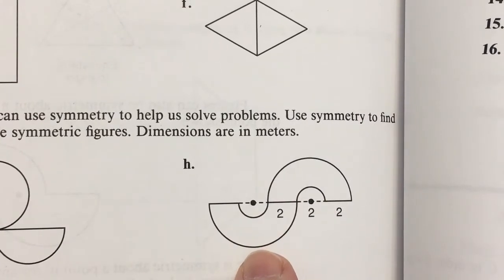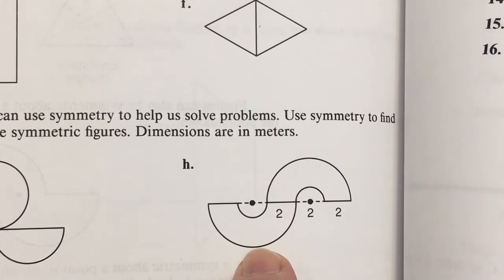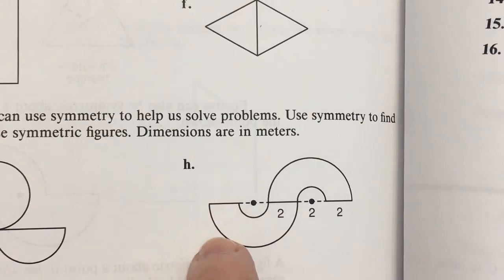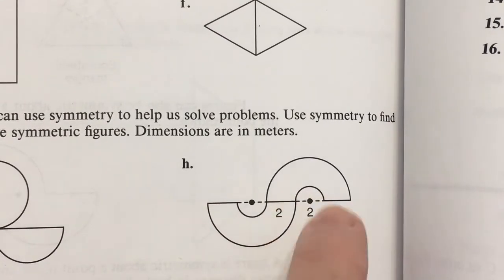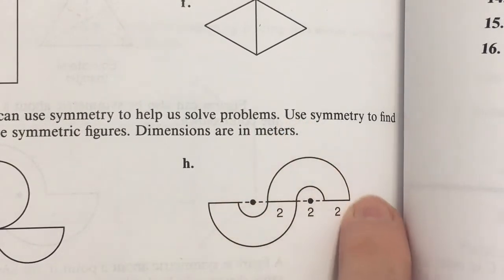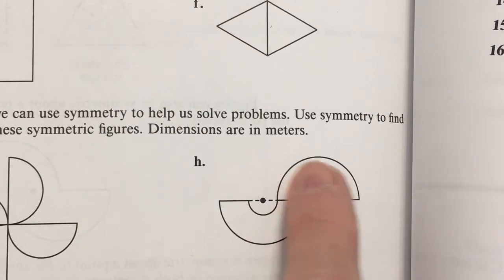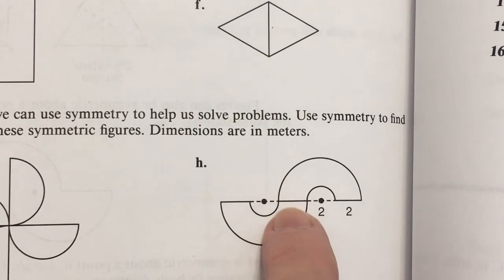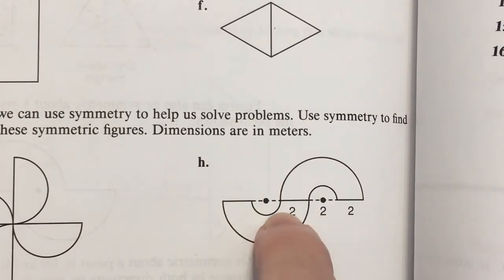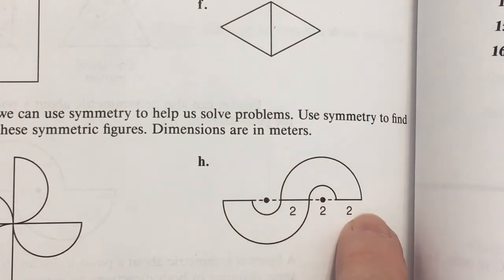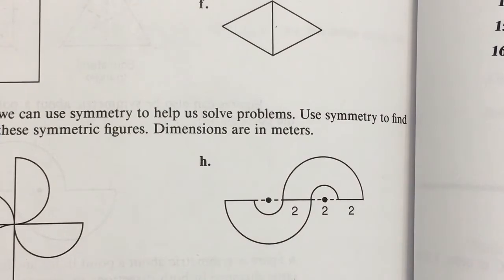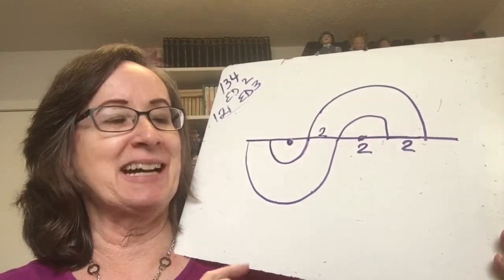And we're supposed to find the area of this figure. Now notice that we have a half circle joined by another half circle that's the same size. So do we really need to figure out both of them, or can we figure out the area of one part of the figure and then just double it? This one is kind of cool.